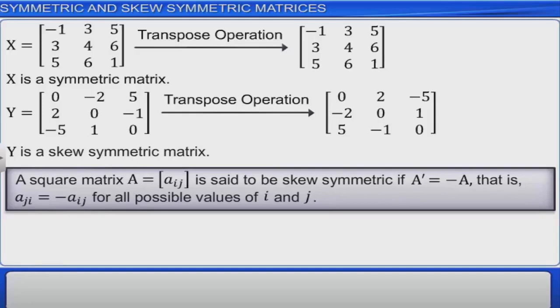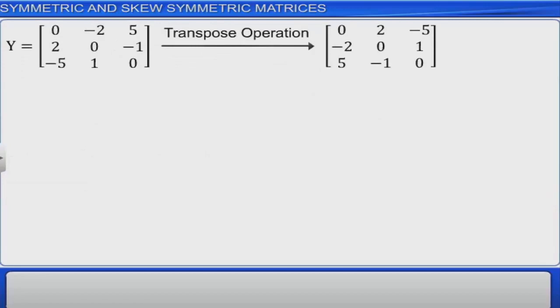Consider the two matrices. Now, for any element in Y, the corresponding element in Y transpose is of negative value. We can observe that any element Aij in Y is equal to minus Aij in Y transpose.